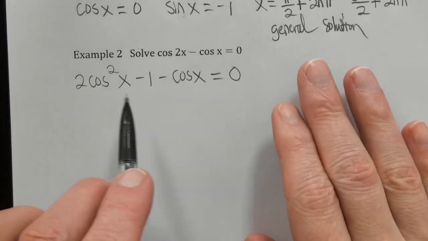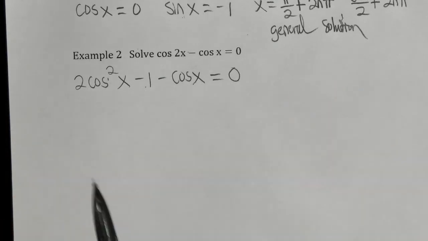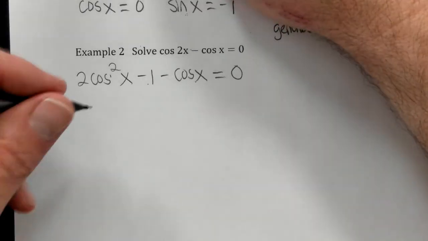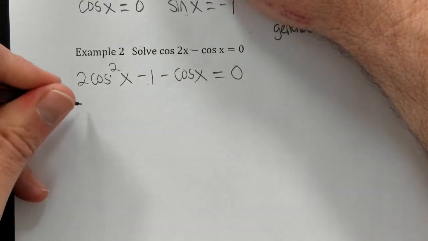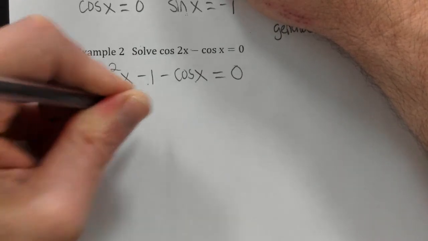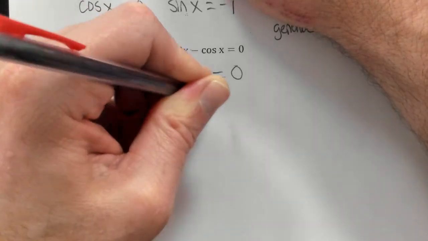And notice squared, first power, 0 power of the function, which means that it should be able to factor nicely. What I should probably do is write it in descending order of the variable. 2 cosine squared x minus cosine x minus 1 equals 0.